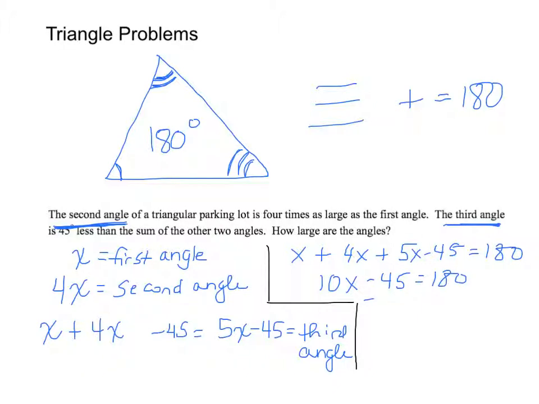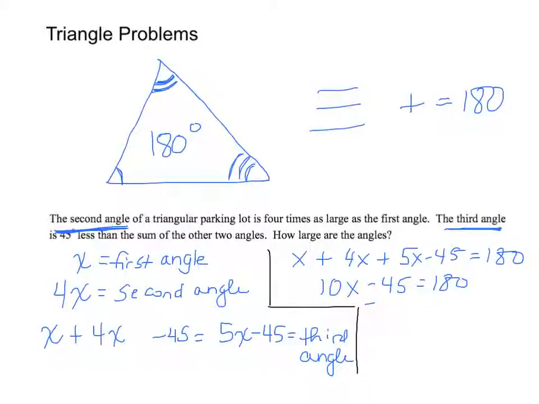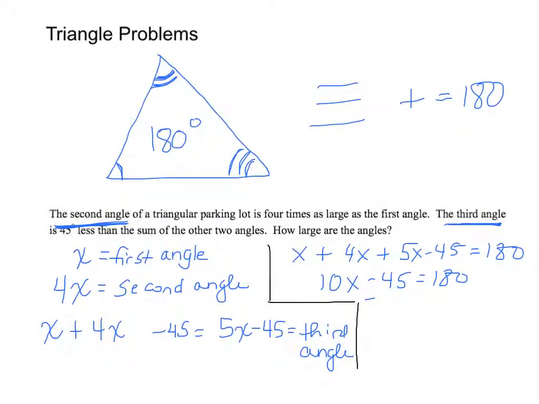Okay, now I want to add 45 to both sides. So I'll have 180 plus 45 is 225. So 10x equals 225. If I divide by 10, x equals 22.5.